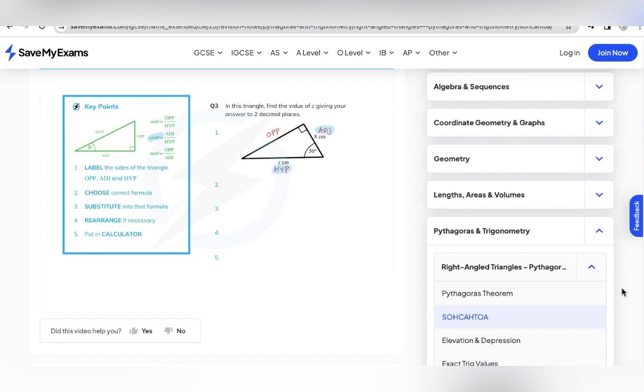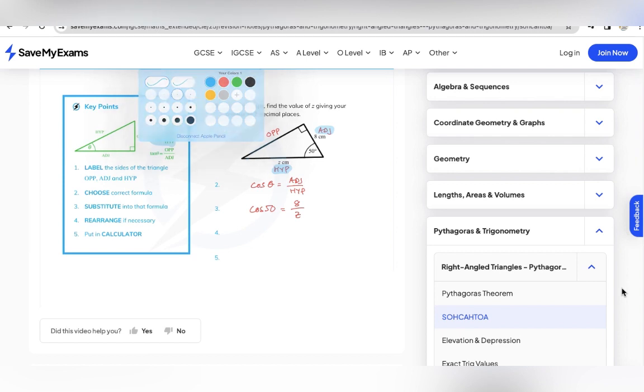Hypotenuse and adjacent, so we're going to be using cos theta. So write down the formula. Cos theta equals adjacent over hypotenuse, and stick in the numbers and letters. Cos 50 is equal to adjacent, which is 8, over hypotenuse, which is Z.